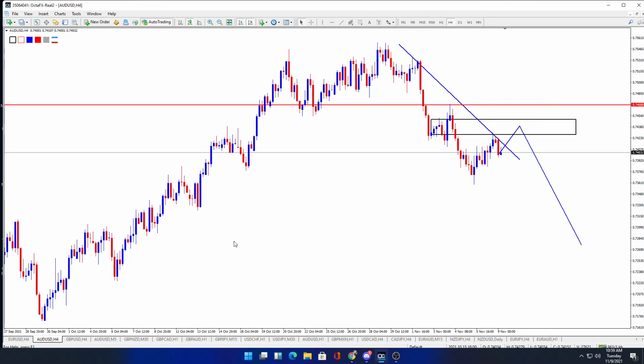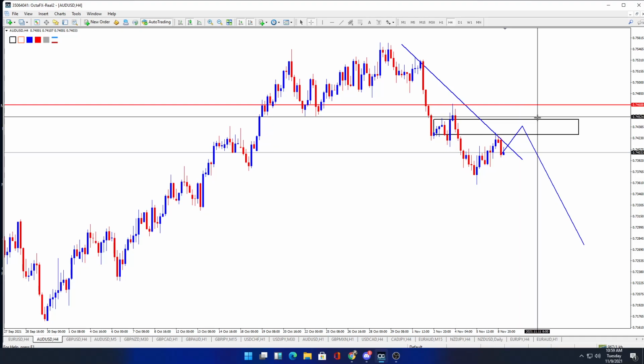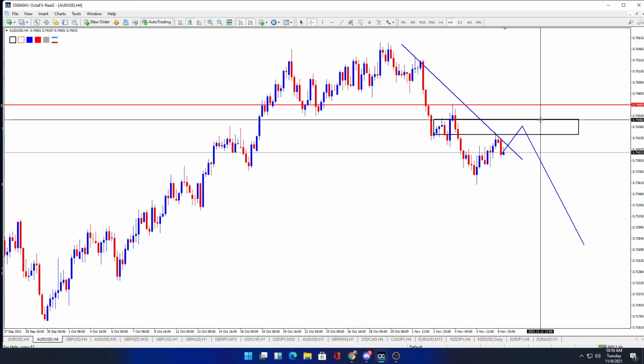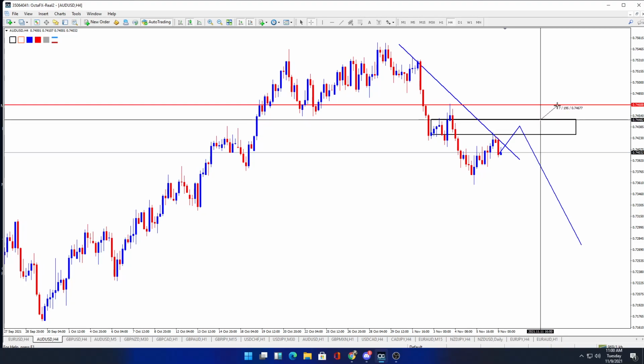So always practice your profit being more than your risk. You put your risk at around 21 or 20 pips.